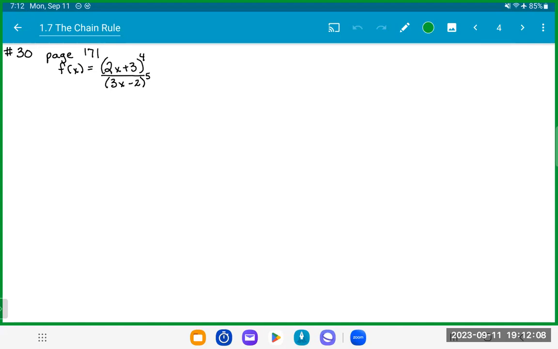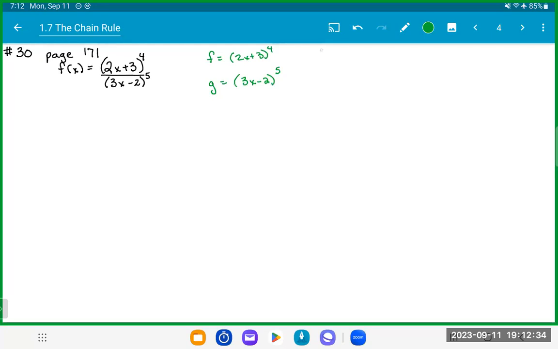So the first thing I always say, let's identify our f function, which is this 2x plus 3 raised to the fourth. And our g function is going to be 3x minus 2 raised to the fifth. Okay. So now when we take the derivative of each of those, we'll want to use the extended power rule to get at that solution.